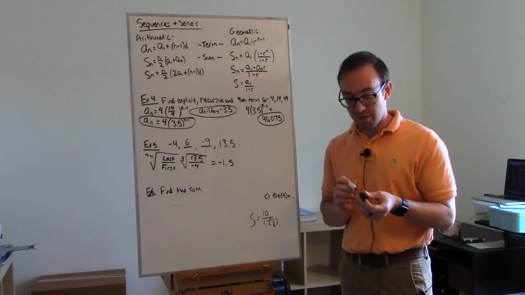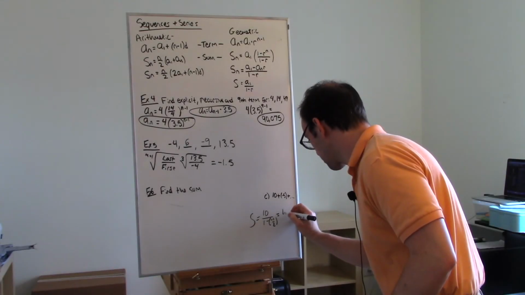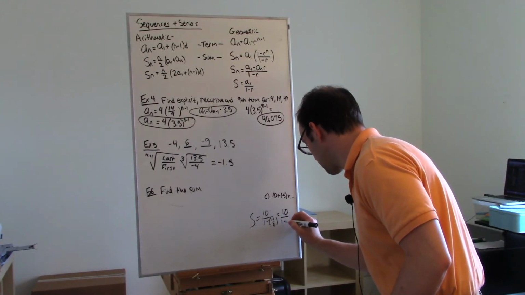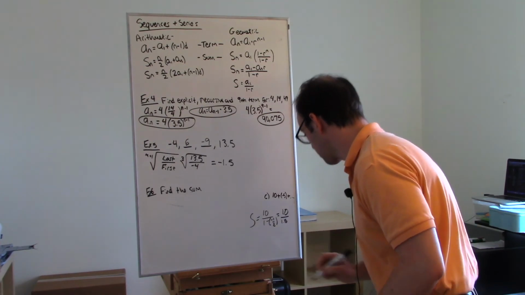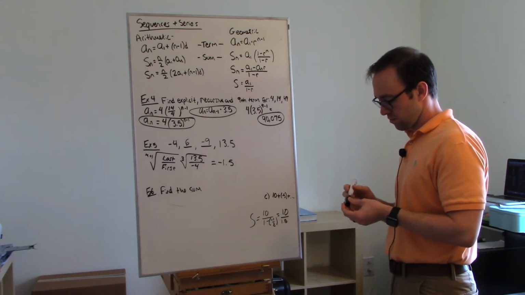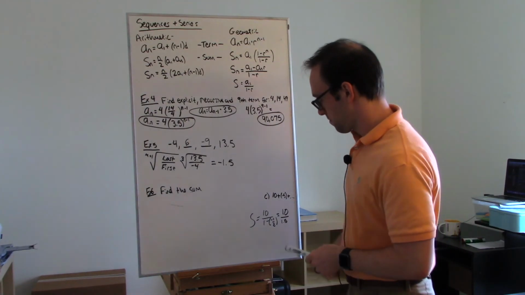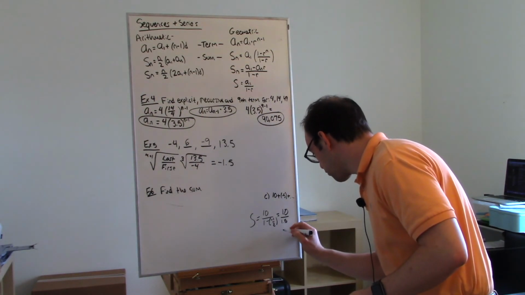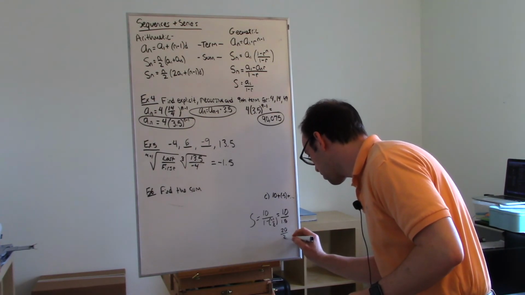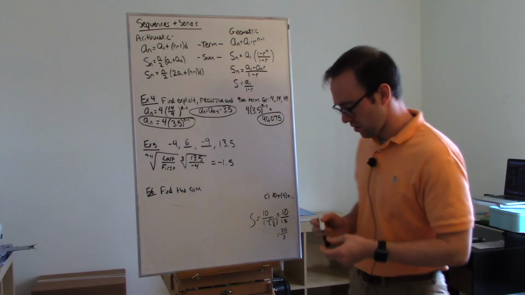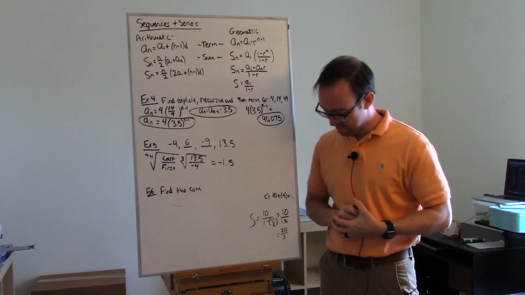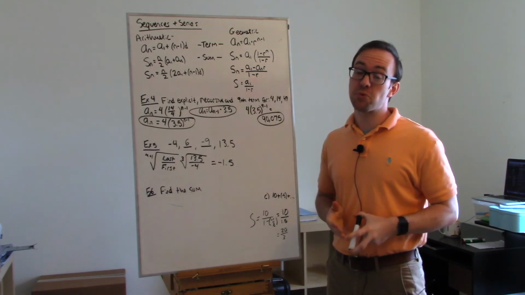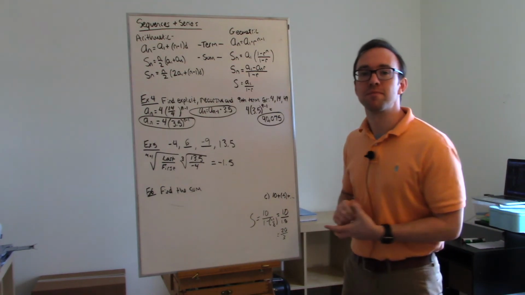That's r, or -1/2. So 10 over 1.5, or you could say 20 over 3, or you could say the decimal answer of 6.67.